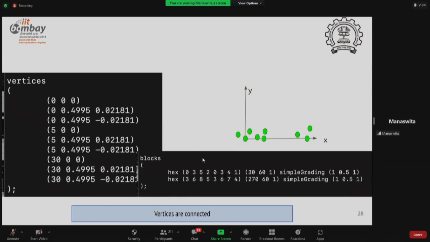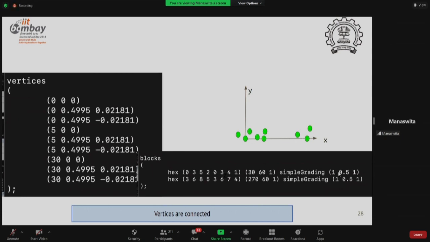Now, once we do the meshing, this is the simple grading system. The wall is in the radial direction, so a grading in the mesh is there in the y direction. In the theta direction, there is only one mesh, so the scaling factor is 1. In the flow direction, we said let it be a uniform mesh.